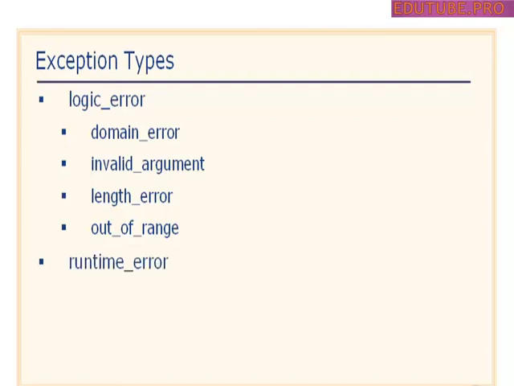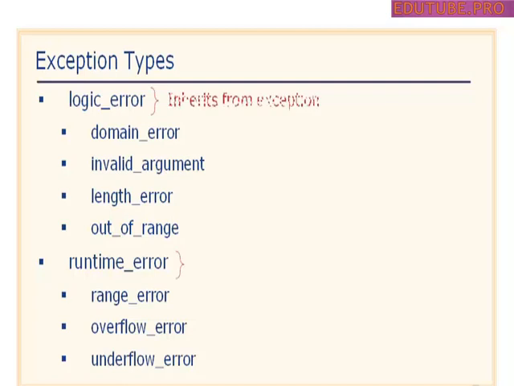Then we have the runtime error group of classes, and this gives us range errors, overflow errors, and underflow errors. The way to understand these, and what's kind of interesting here, is that logic error and runtime error inherit directly from exception.